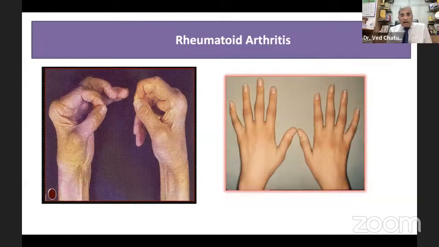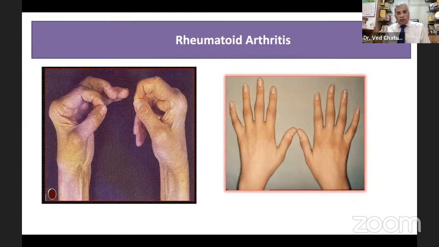Polyarthritis means arthritis of many joints, not one joint. Ideally it should be of the hand joints. Earlier we thought hand joint arthritis is ideal, but other joints can also be involved.